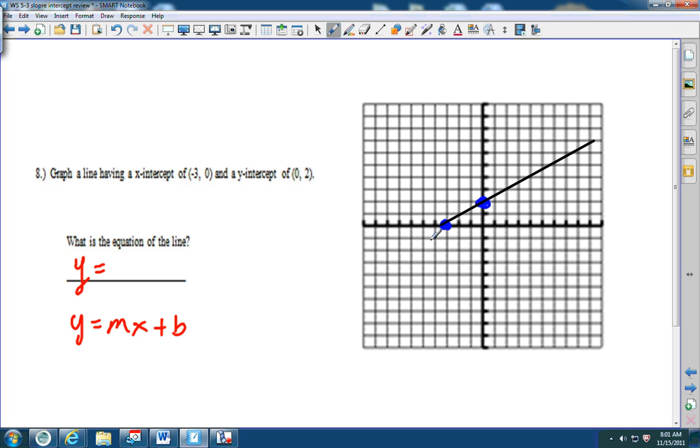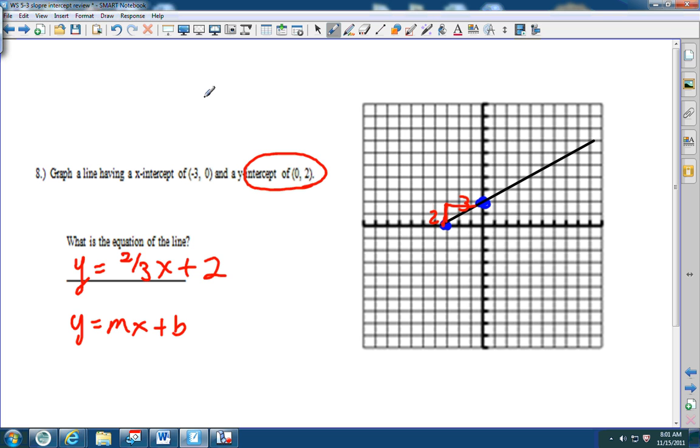The slope, I know it's going to be positive because my line is increasing. I go up 2 and over 3. So I have 2/3 x. Then I already have my y-intercept right here, which is plus 2. Now, if I were you, I would go in your calculator and put in 2/3 x plus 2 in y equals and press graph and make sure it looks like this graph.